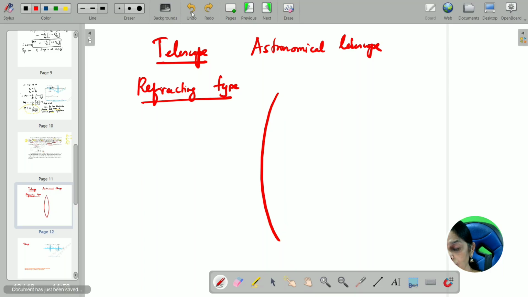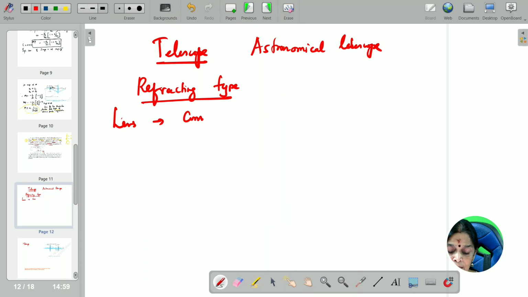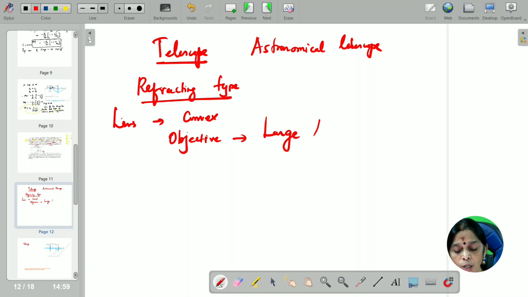So, let me write down the lens used. Convex lens, and the objective should have very large focal length. It is not like the compound microscope. It should have very large focal length. The eyepiece should have very small focal length.